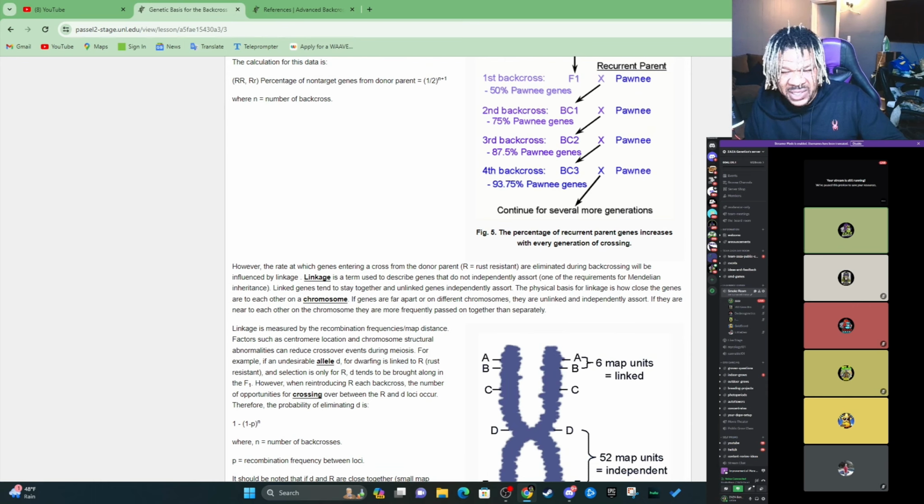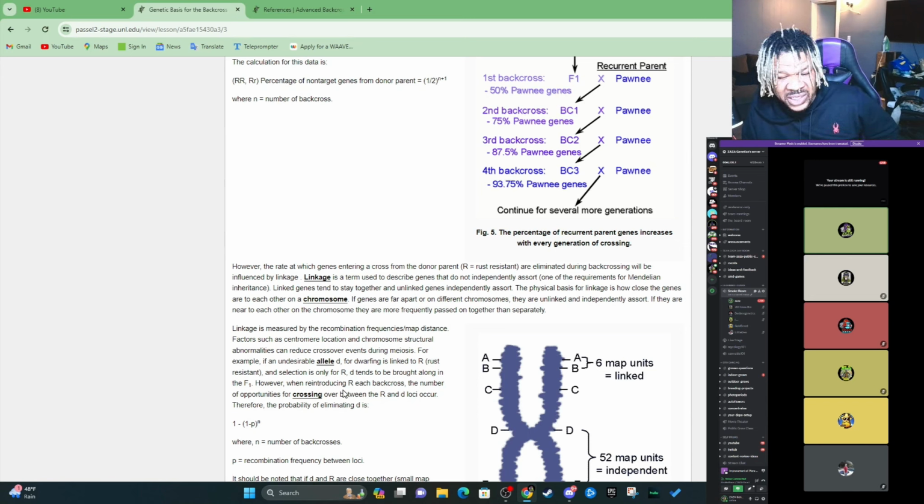Linkage is measured by the recombination frequencies or map distance. Factors such as centromere location and chromosome structure abnormalities can reduce crossover events during meiosis. For example, if an undesirable allele for D is linked to rust resistance and selection is only for rust resistance, the other one tends to be brought along in the F1 as well.